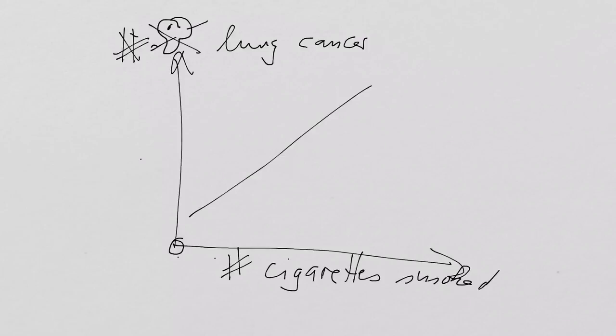Because of this correlation, many people have tried to sue the tobacco industry and say, you have sold me some stuff that is very dangerous for my health. Have they been successful? In most cases, people have not been successful.